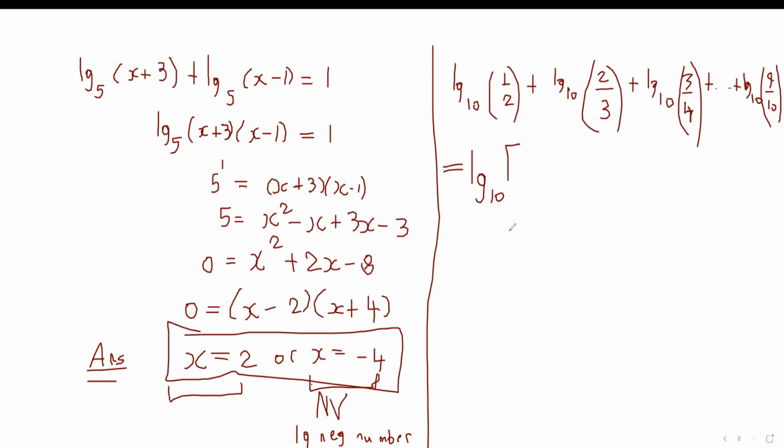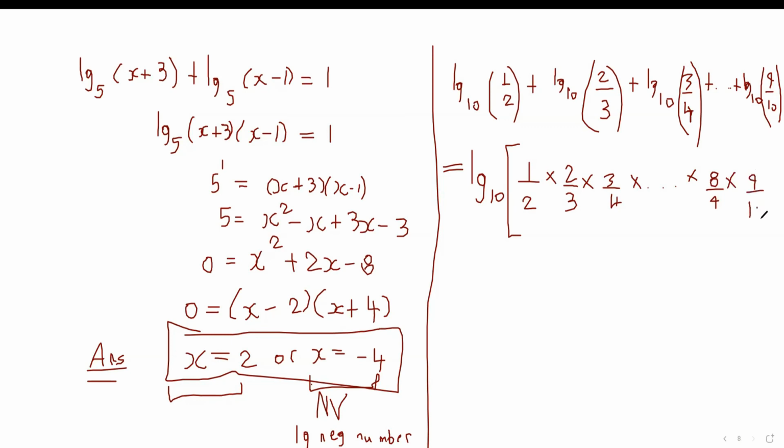So writing this as one logarithm, it's going to be 1 over 2 times 2 over 3 times 3 over 4 times 4 over 5, and I'm going to keep on till we have times 8 over 9 times 9 over 10.